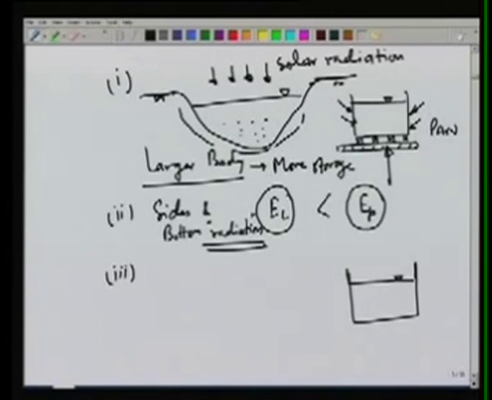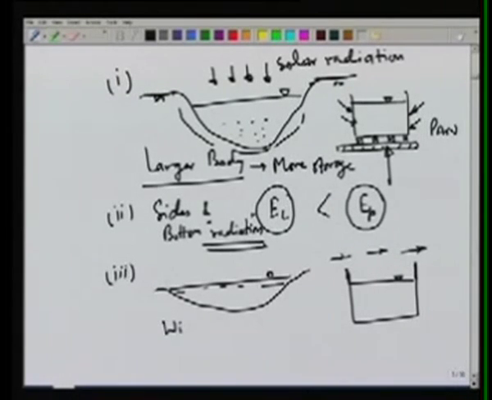While in a lake, whether the water level is here or here, the wind action will be almost same, but in the pan the wind action will get affected by the presence of the rim. And because of its smaller size also, a smaller wind velocity will be able to remove the saturated air from this.